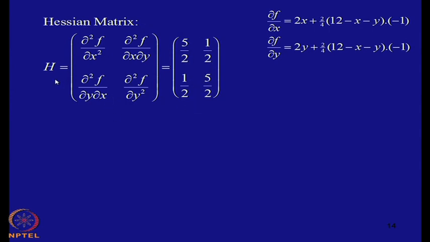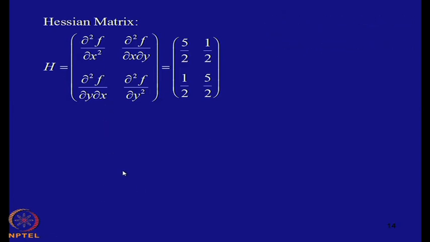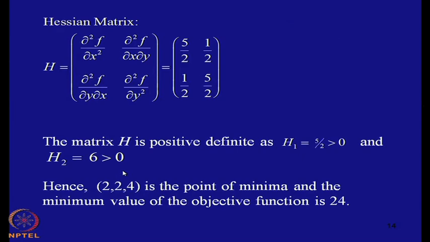We need to check the property of this Hessian matrix, because it will ensure whether at the given point the problem is having minimum or maximum. As I said, there are different methods for solving it. One of the methods is to check the sign of the corresponding minors.